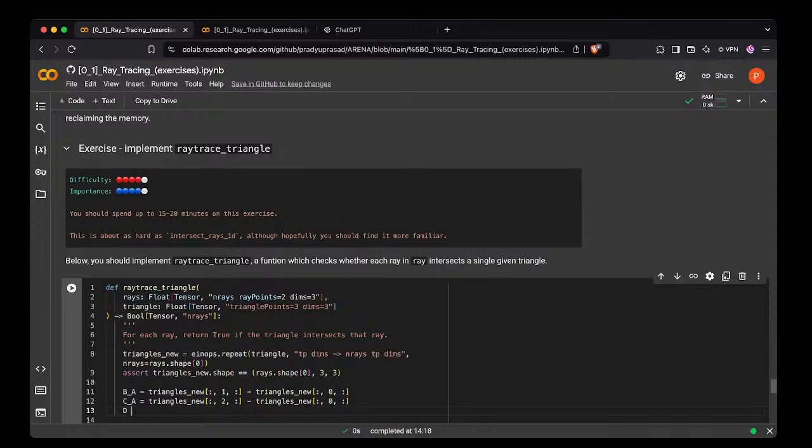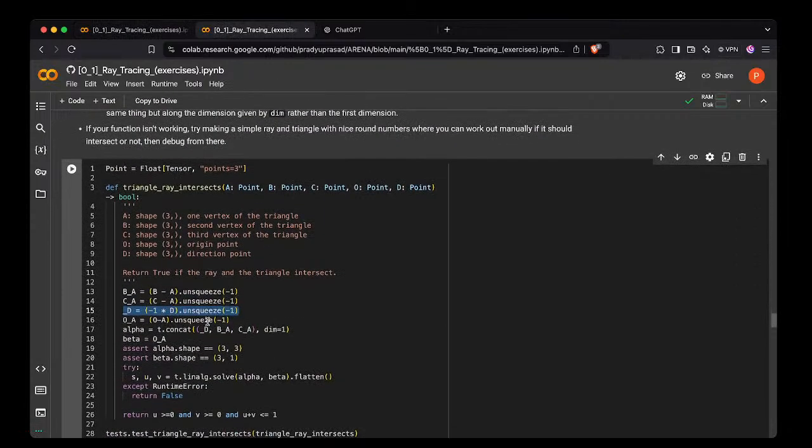So D equals rays colon, every single one. Those ray points, we want the first one and every single one of these. The underscore D, same as this. Okay.